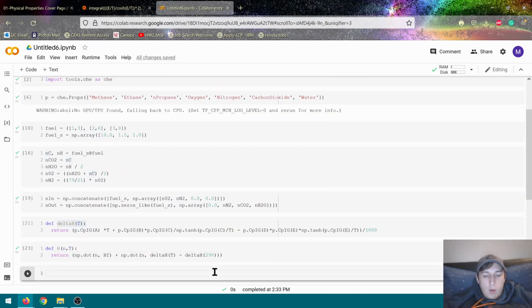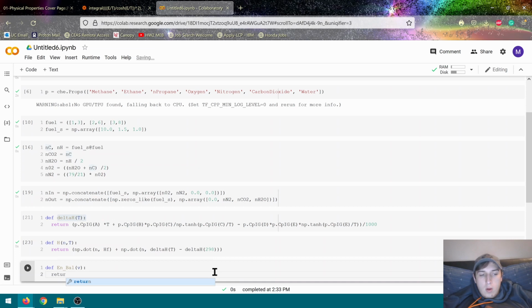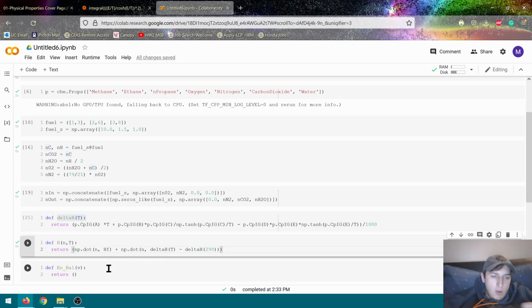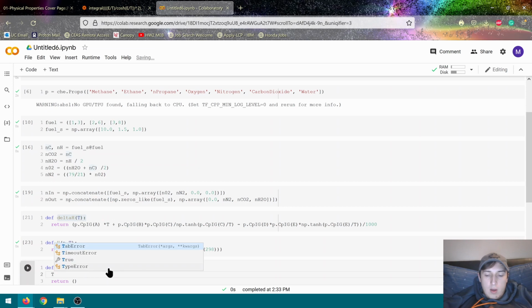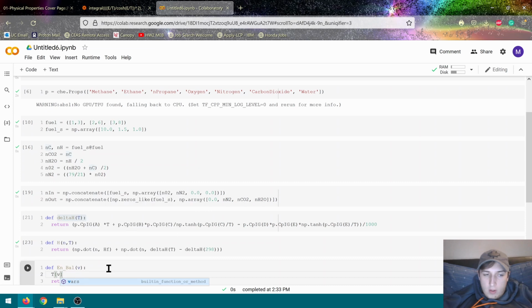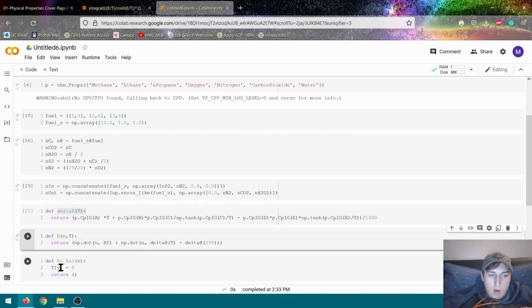And finally, now what we're going to do is define our energy balance. So define energy balance, and we're going to bring in a vector v, and we're going to return here. And we're actually going to want to set this T, our vector, equal to 0. Sorry.